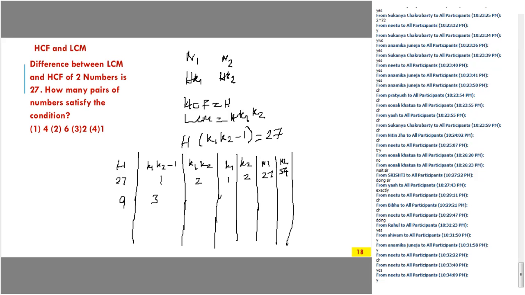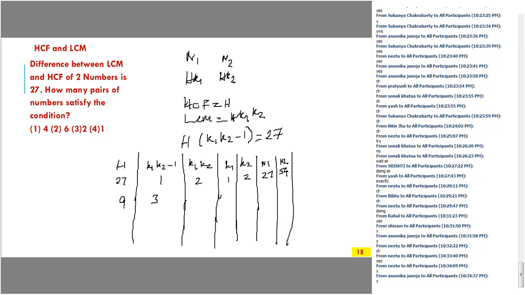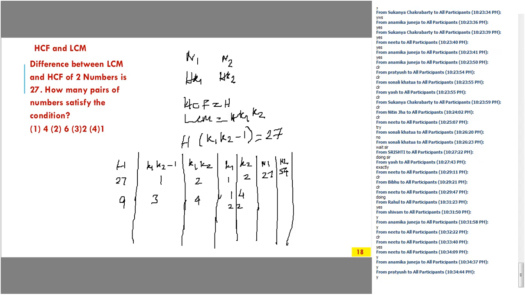Alright. Now, can it be 9 into 3? Why not 9 into 3? K1 K2 is 4. This can be 1 and 4; 2 and 2 is not possible. The numbers are 9 and 36.